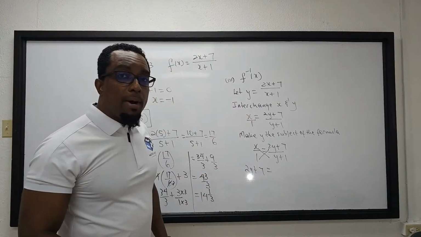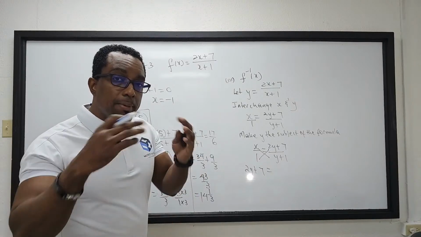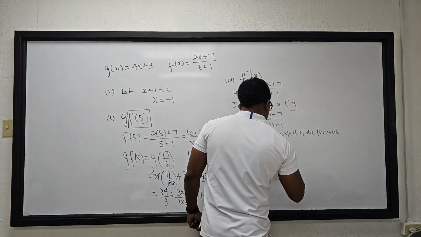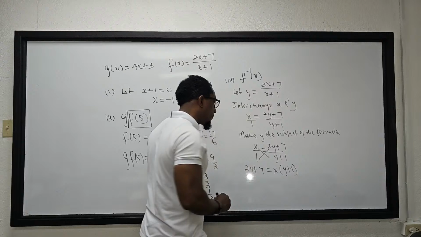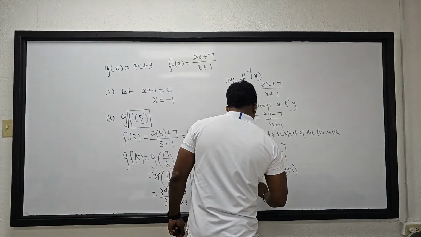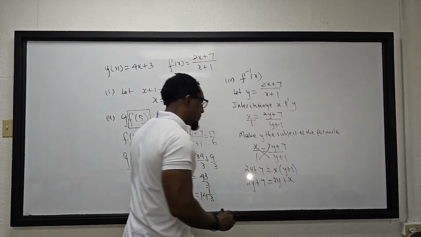And x by y plus 1, of course, I'm multiplying x by an expression, so I make sure I put that expression in brackets. It's going to be x, y plus 1. So I'm going to get 2y plus 7 is equal to xy plus x.